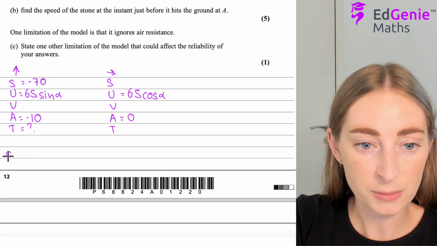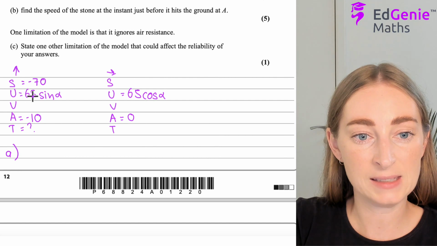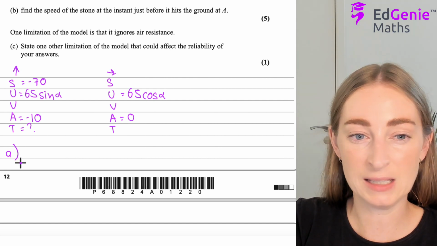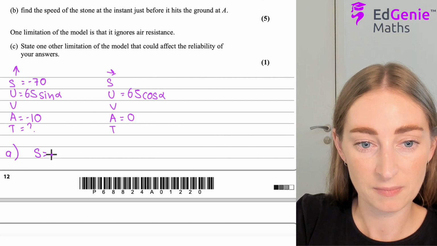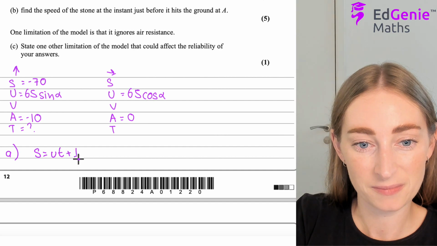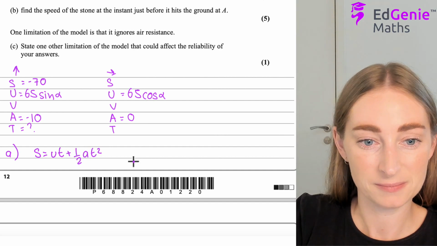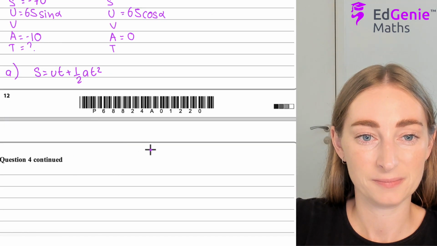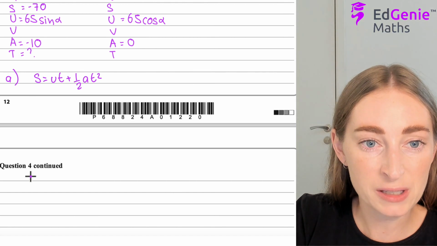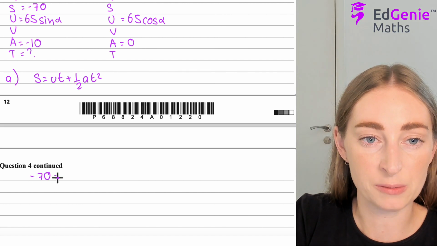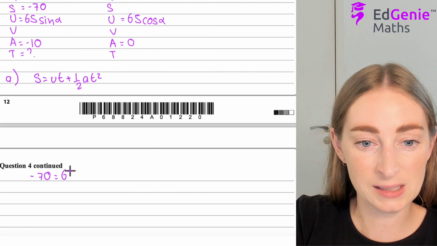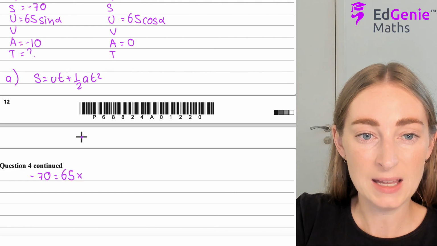Right, let's do it. Should we use s equals ut plus half at squared? So let's substitute in our values. So minus 70 equals u, which is 65 times sine.